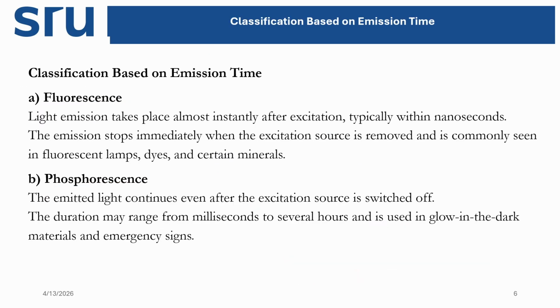triboluminescence. Now, based on the emission type, let's say one material we have, let's say this is the valence band and the conduction band. Now from outside we are giving maybe UV light. Then the electron goes from the ground state to the excited state, then again it emits.